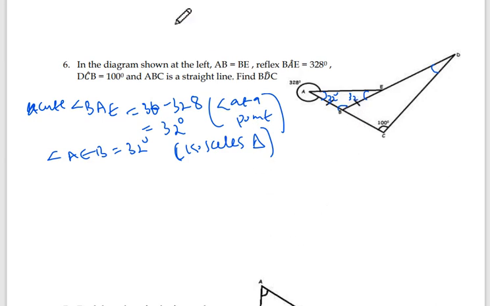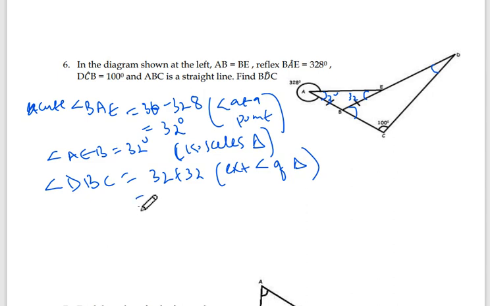Now we can use the exterior angle here. Angle DBC is equal to 32 plus 32. Are you seeing that? 32 plus 32. That's the exterior angle of a triangle. So that's 64. So this angle is 64.